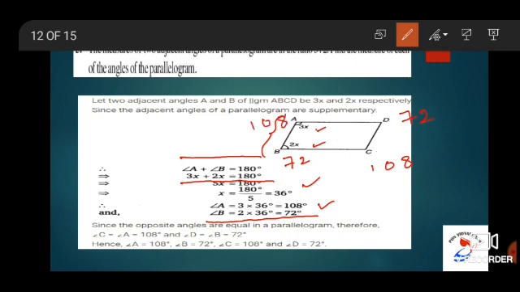Children, you can also verify angle sum property of quadrilateral here. If you add all the four angles, that is 72 plus 72 plus 108 plus 108, it will give you the result as 360 degree. To conclude, the solution for this problem is angle A is 108, angle B is 72, angle C is 108 and angle D is also 72.